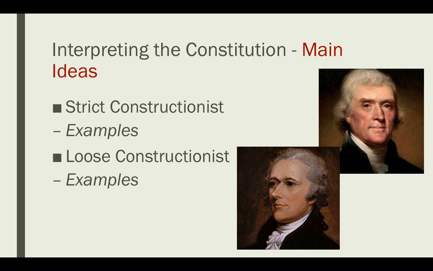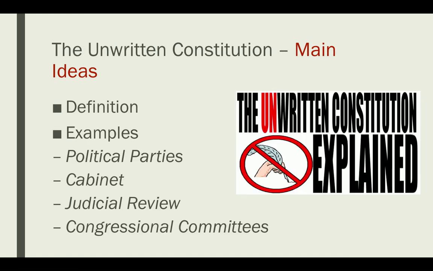Now, in the Constitution, it doesn't say anything about a national bank, but it doesn't say that we can't have one. And Jefferson is going to argue that creating a national bank is an overreach of government powers, and these two gentlemen will argue over that point, and we're going to come back to this in another unit.